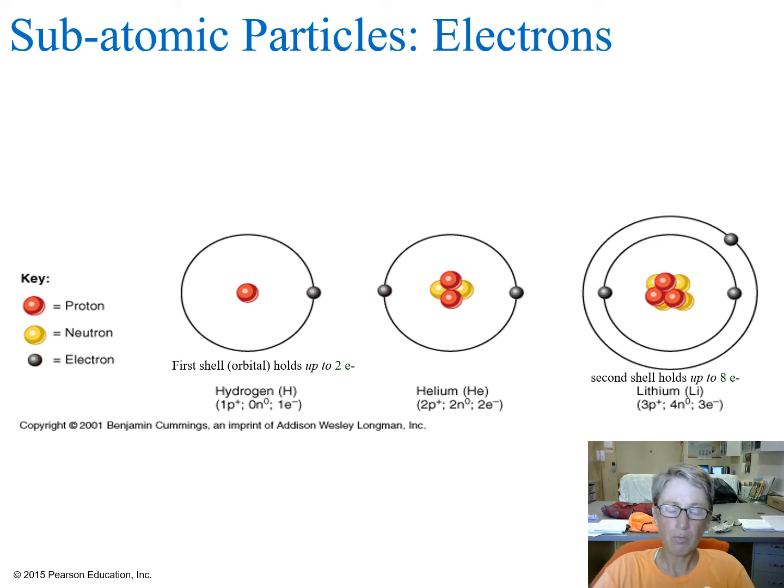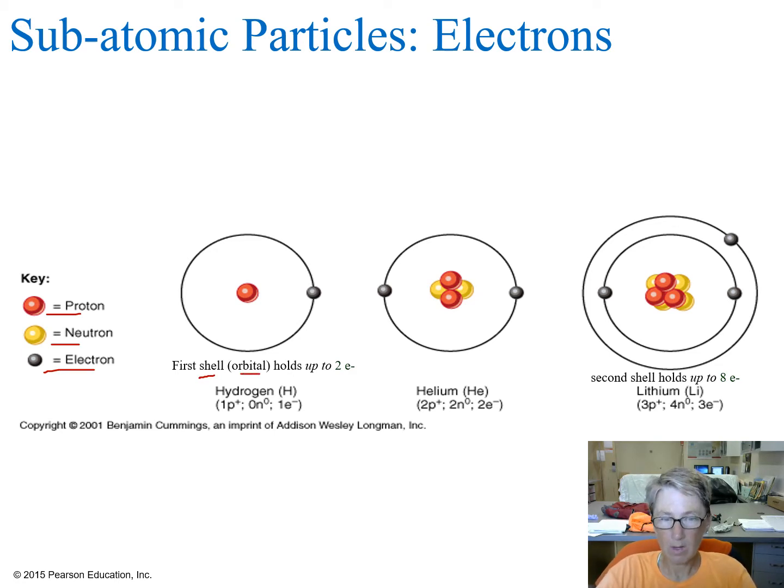All right, we did this in the last video, but this is a quick review. Subatomic particles, we have protons and neutrons that each weigh 1 atomic mass unit, and then the electrons, and they virtually have no mass. And electrons can be found in these things called shells or orbitals.